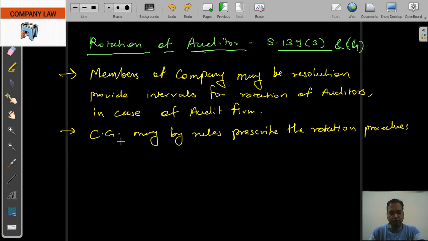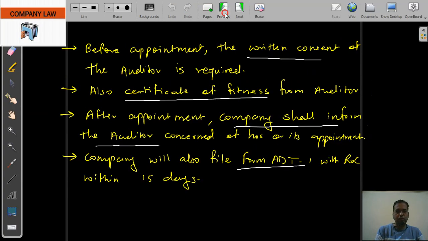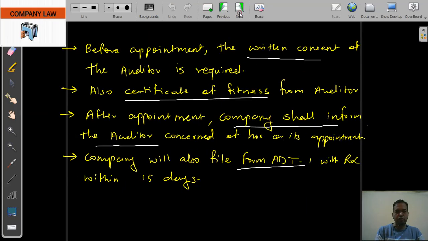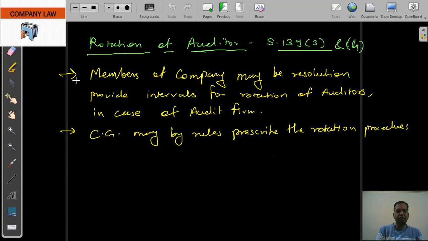We'll talk about the first auditors. Normally when the company gets incorporated, the first auditor should be appointed.